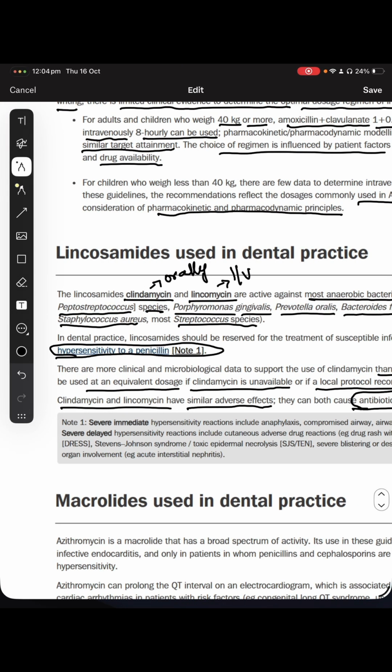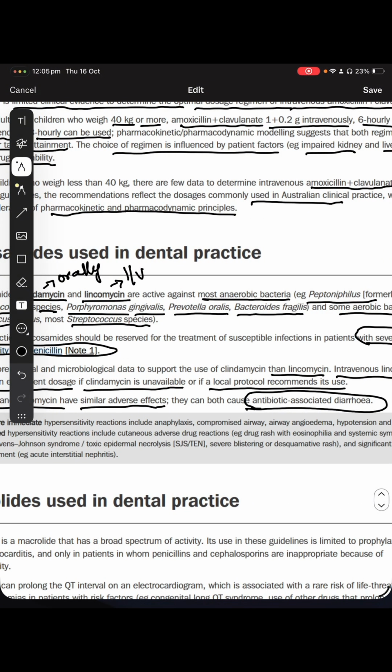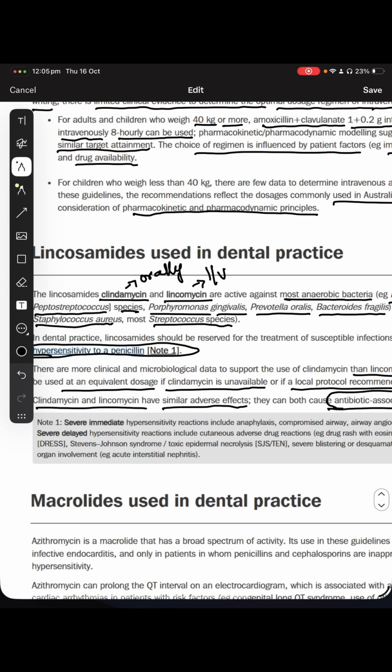Okay, there is a note 1 here: severe immediate hypersensitivity reactions include anaphylaxis, compromised airway, airway angioedema, hypotension, and collapse.